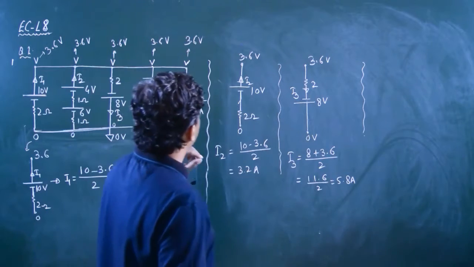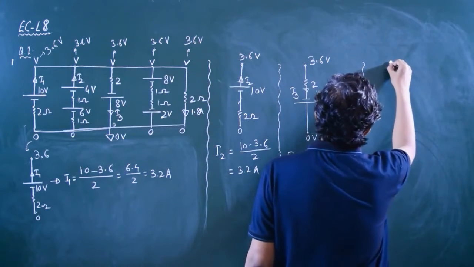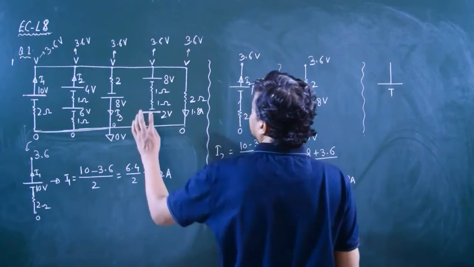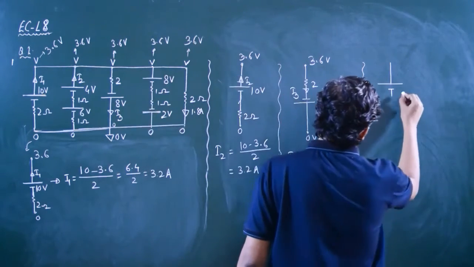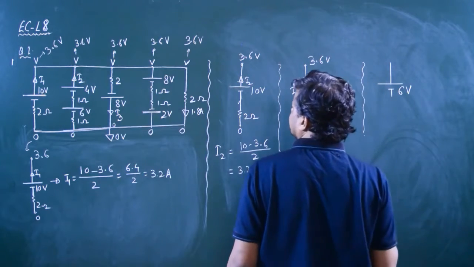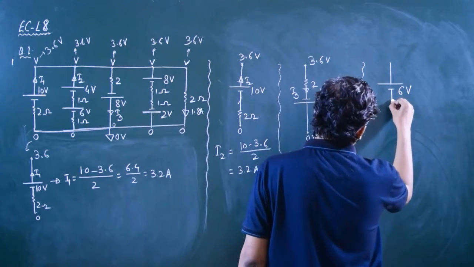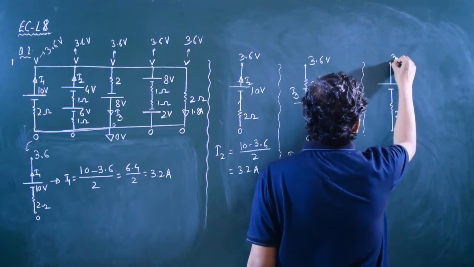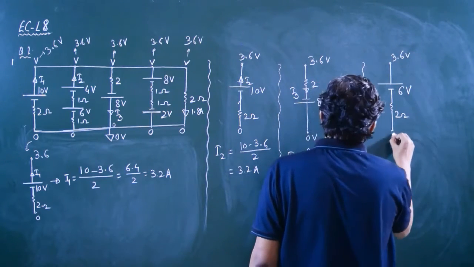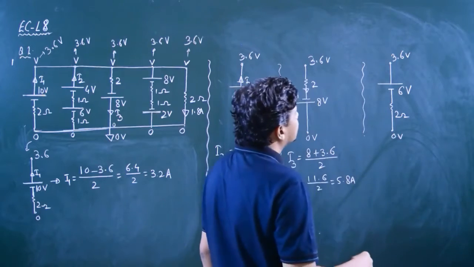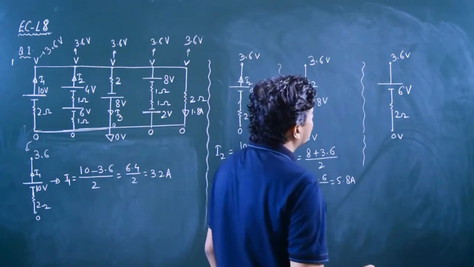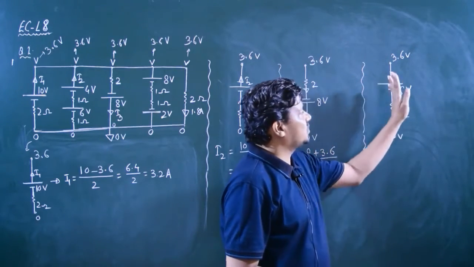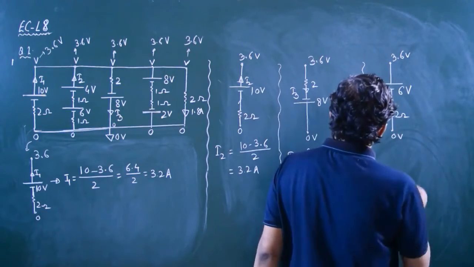Now we have to get the value of I4. So we come to this result. Equivalent EMF we have 8 minus 2, that is 6 volt. The equivalent internal resistance is 2 ohm, and here potential is 3.6 volt. Here potential is 0 volt. So these are of opposing nature. 3.6 is throwing current in the downward direction, while 6 volt is throwing current in the upward direction.